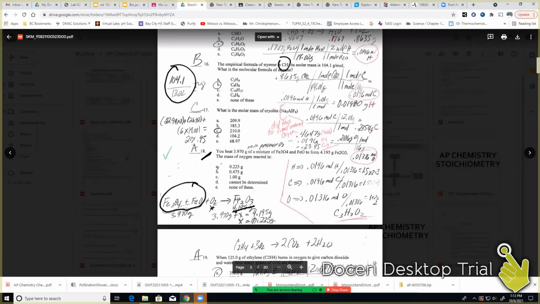So since we know the mass can't increase or decrease, if I take the amount of my compound and I put X for my oxygen by itself, because that's what I don't know, then that should equal my total grams. And then you do a little bit of algebra to find out how much oxygen was present.